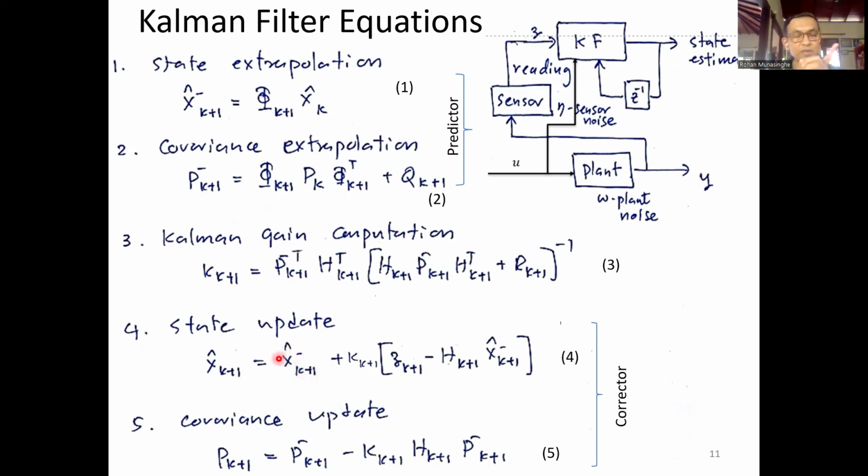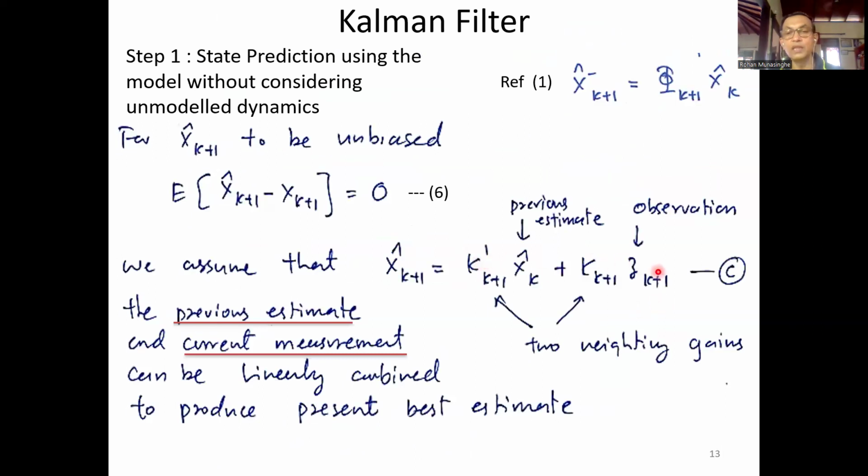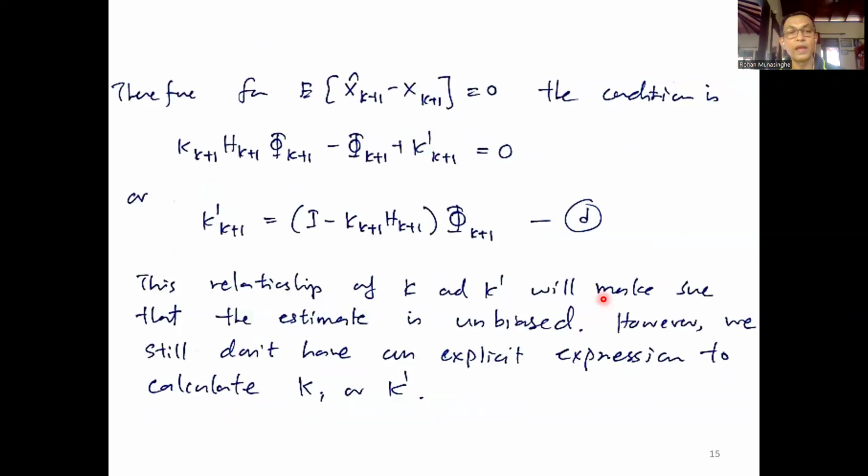You can see the previous equation over here, number 1. This is a predicted value, and z k plus 1 is the sensor. So here you combine the two together.